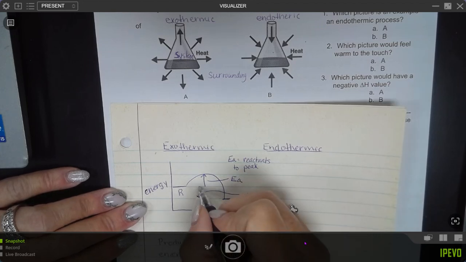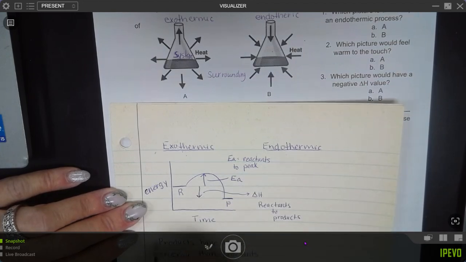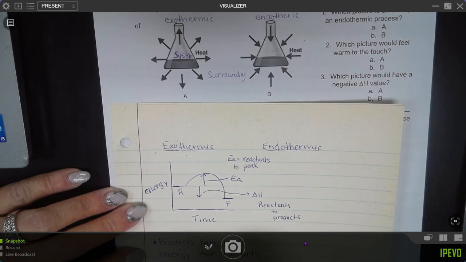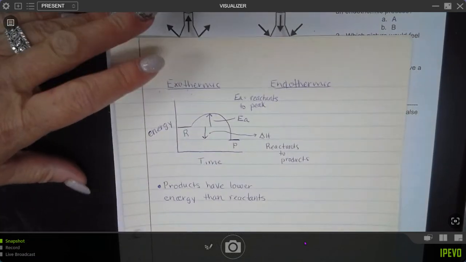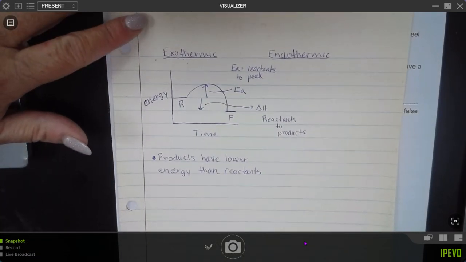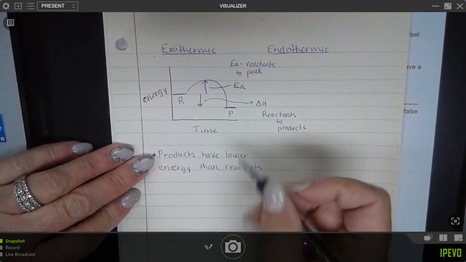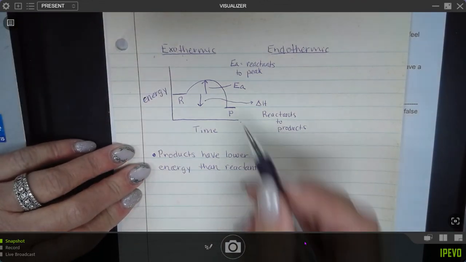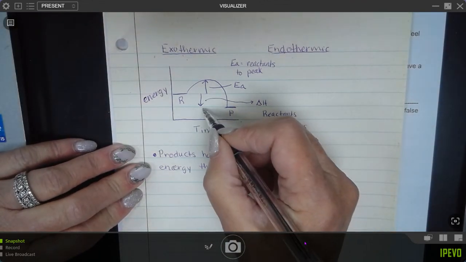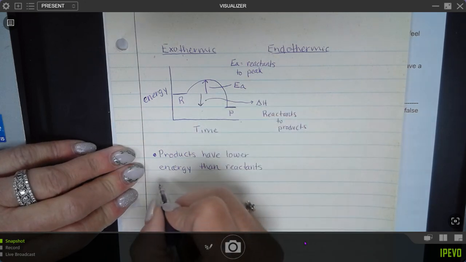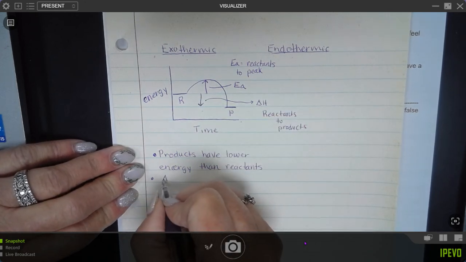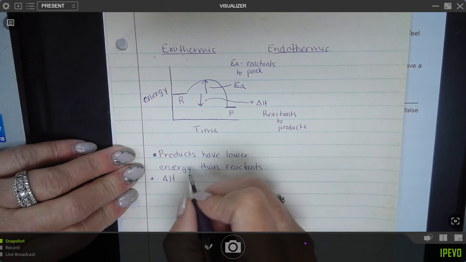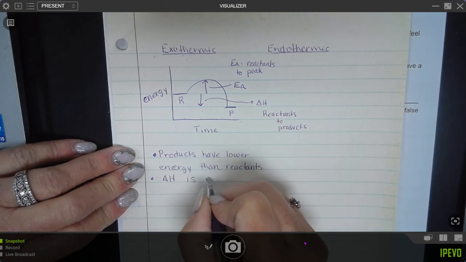Okay, since it's going down in an exothermic graph, I guess I need to slide this up a little bit. So products have lower energy than reactants. Since this reactants to products is going down, a second point is delta H, the number, is negative.